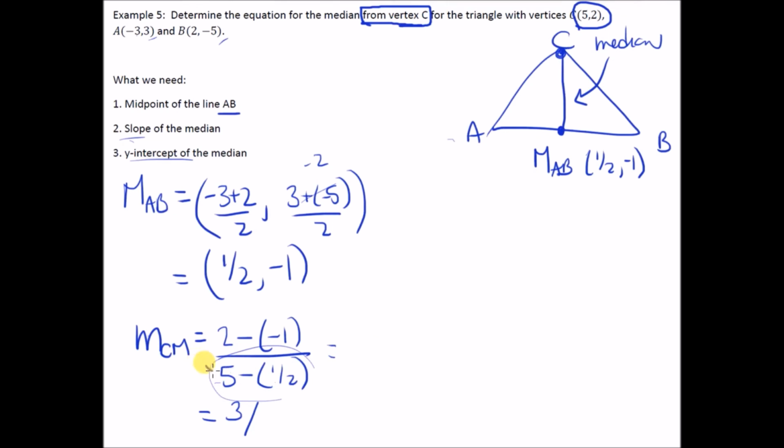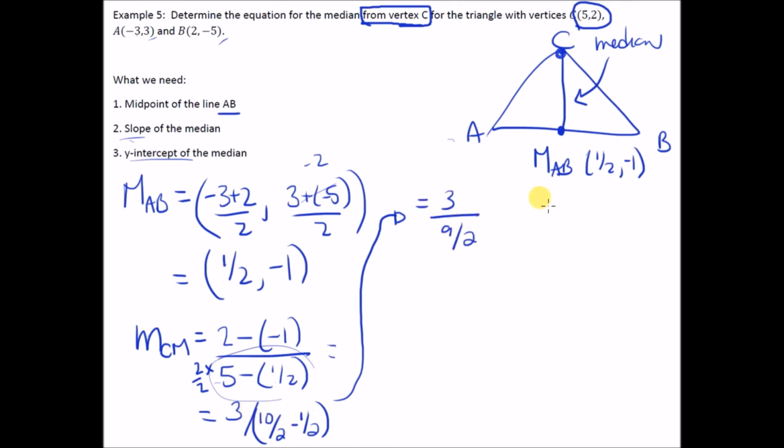So let's multiply the 5 by 2 over 2. Okay, so in the denominator, we're actually going to have 10 over 2 minus 1 over 2. That's going to be the denominator. So we're going to get 3 over, well, what's 10 minus 1? We're going to get 9 over 2.